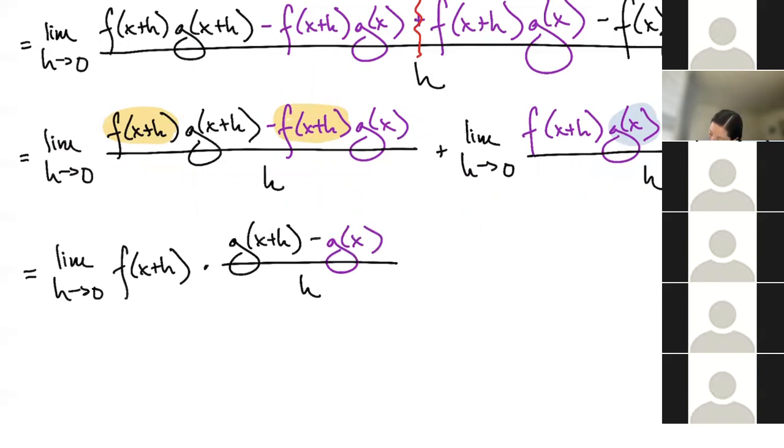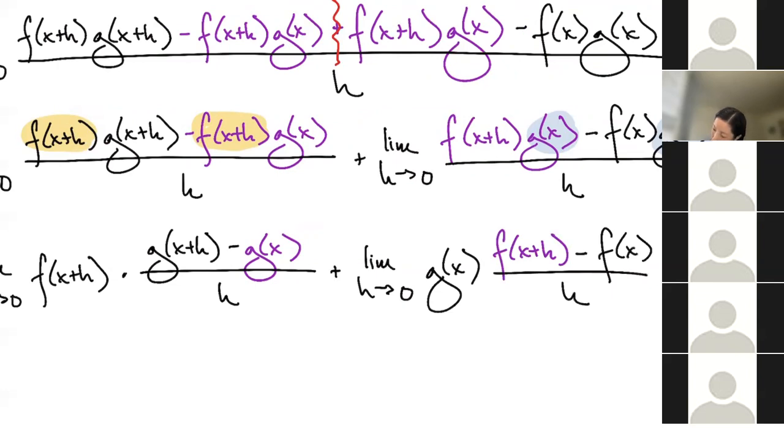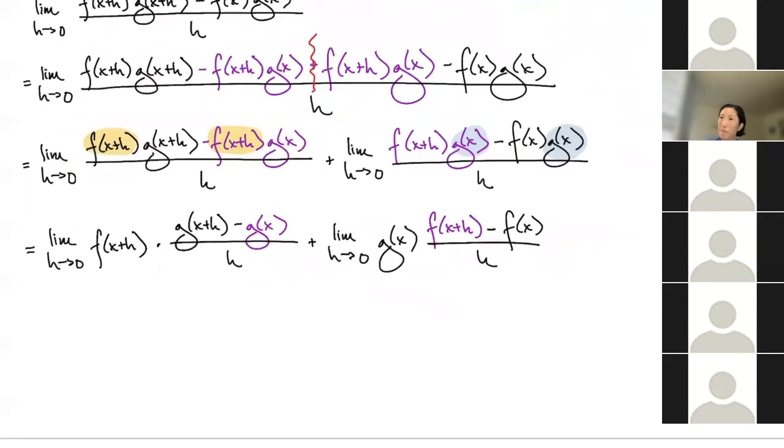That's my greatest common factor there. Second one, I'm going to bring that g of x to the front. Because if I had this over h as well, when I multiply, that'll give me h squared.